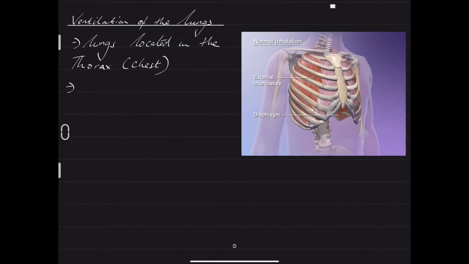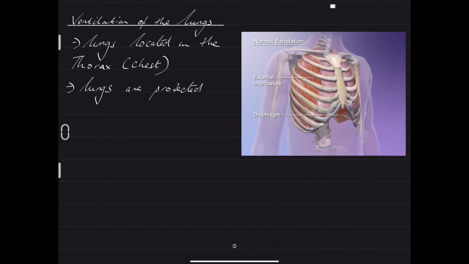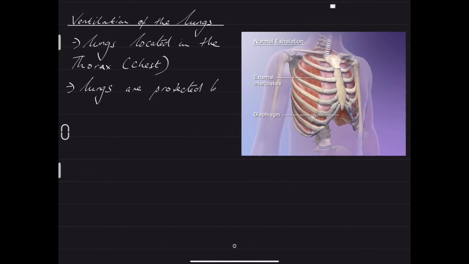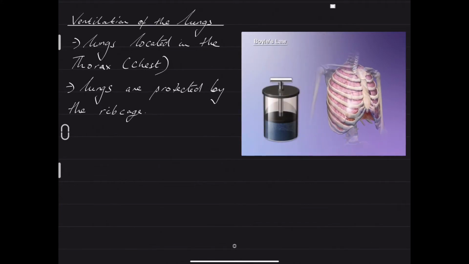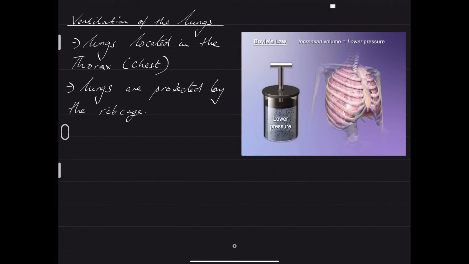So lungs are located in the thorax, i.e. the chest, and the lungs are protected by the rib cage. So next point is: lungs are protected by the rib cage.